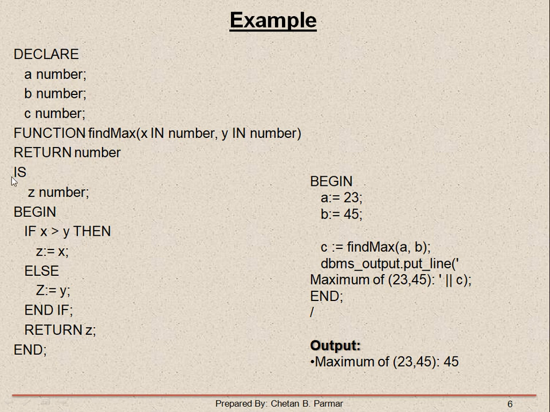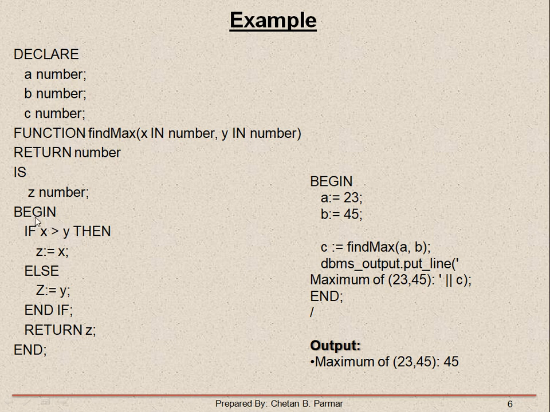Then one variable I am declaring here, z. See here, this is a z number variable declaration in the declaration section of the function, not the PLSQL block. The PLSQL declaration block is here, where I am declaring the three variables a, b and c. Now the begin section of the function.